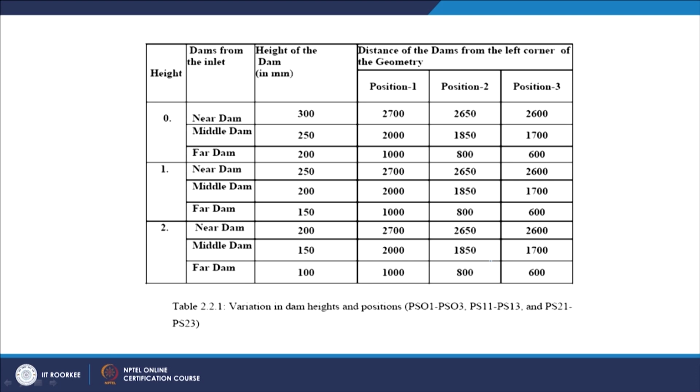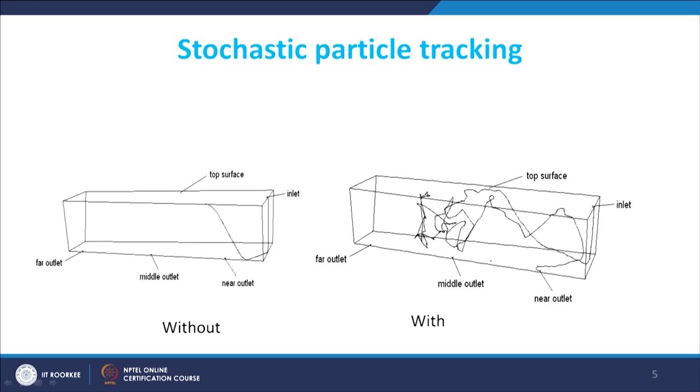So, that will be PS 01, 203 like that. You have the different positions 1, 2 and 3. That way, different heights of dam at different positions have been used, and you have different names for that. So, that is simply creating the geometry.